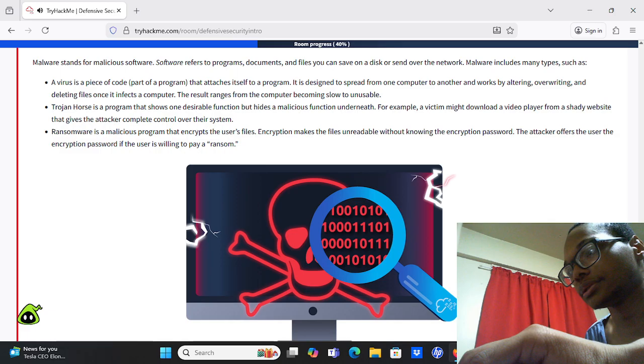Each kind of malware requires users to pay money to regain access to the files. Back up.